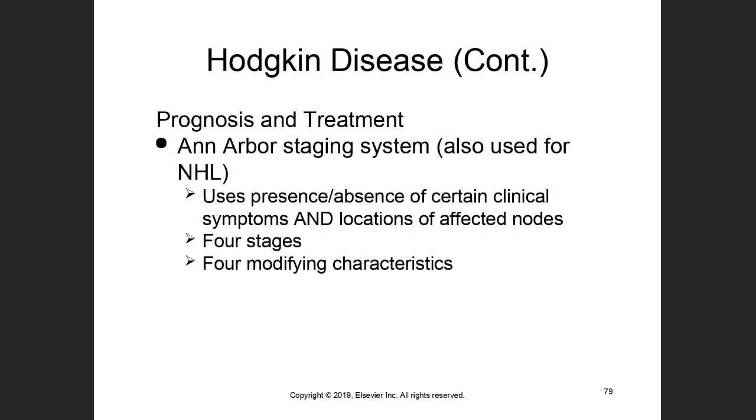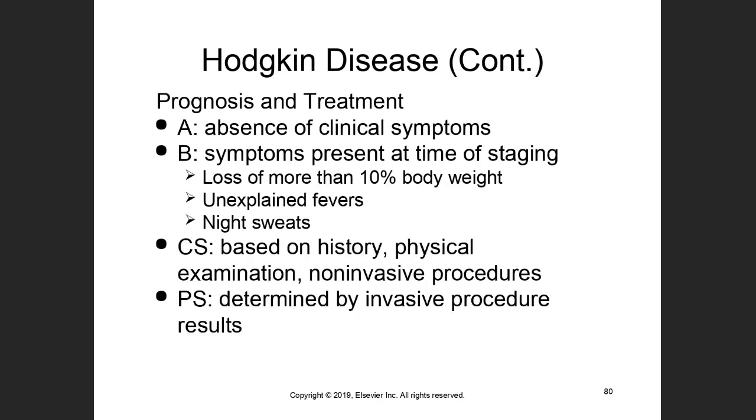We have the Ann Arbor staging system, which is special for lymphoma, usually based on presence and absence of certain clinical symptoms: 4 stages, 4 modifying characteristics. Prognosis and treatment. A, absence of clinical symptoms. B, symptoms present at the time of staging.